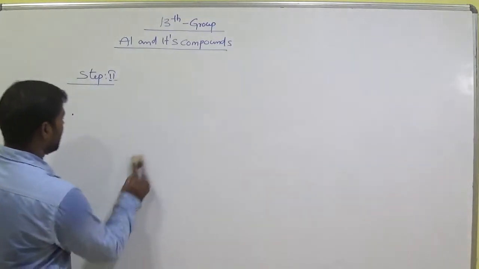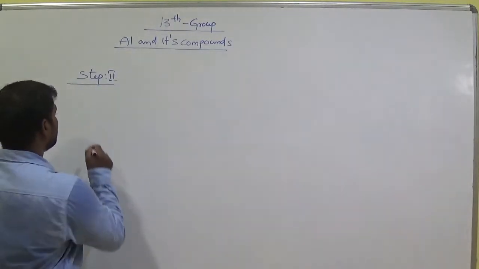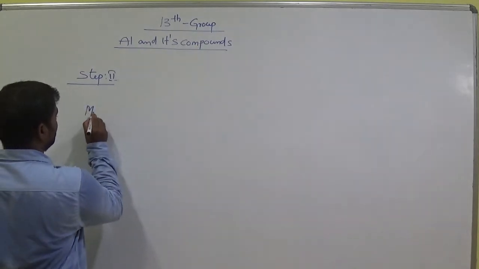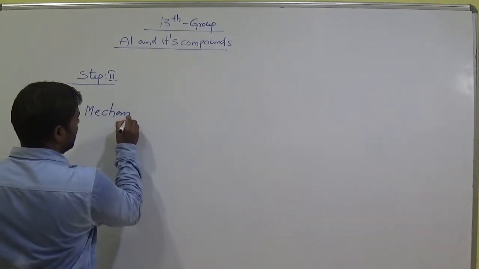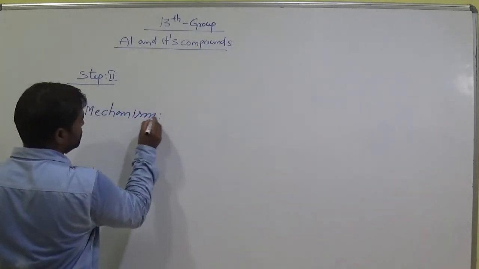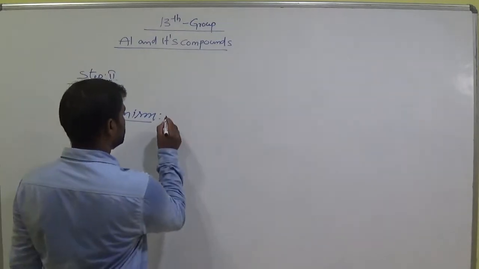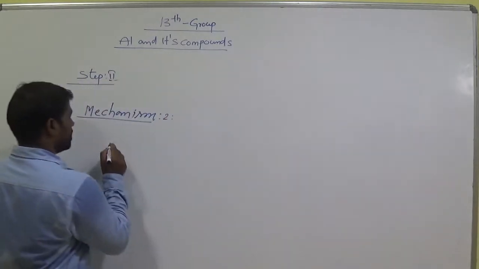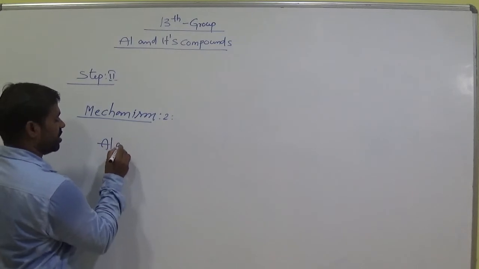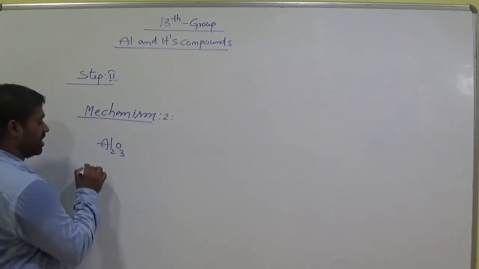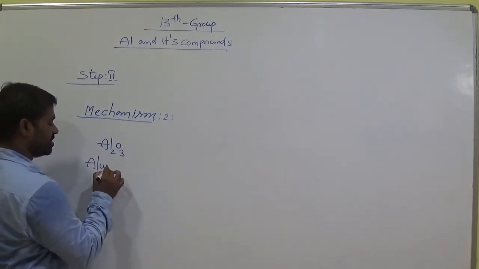This is mechanism 1, and another mechanism, mechanism 2. Mechanism means how reactions proceed in chemical reactions. Okay, mechanism 2. Let us take Al2O3, alumina or aluminum trioxide.